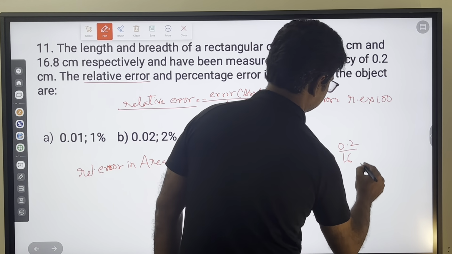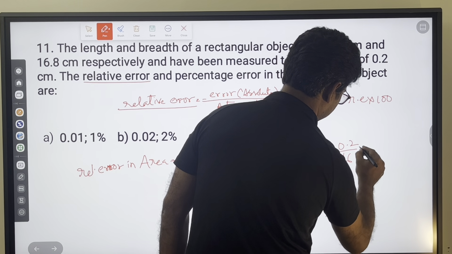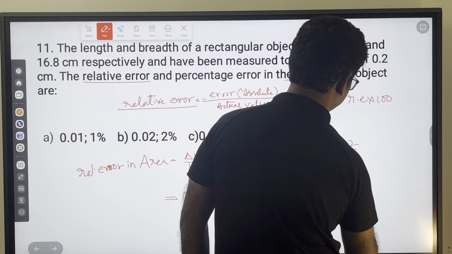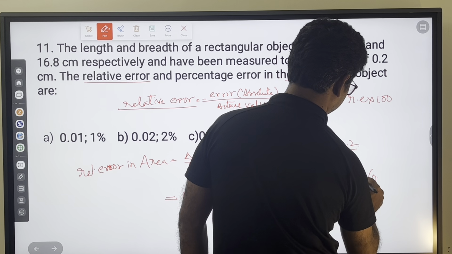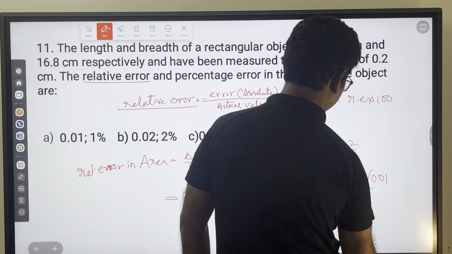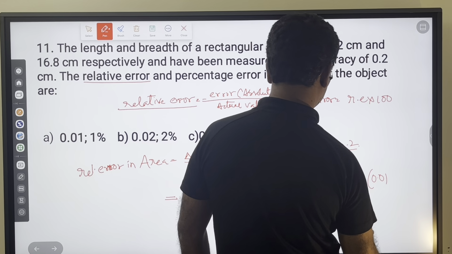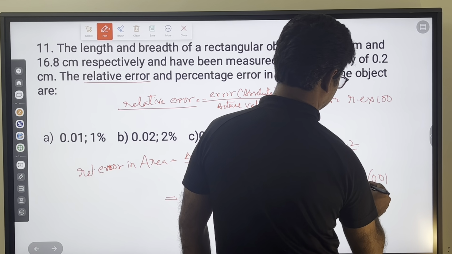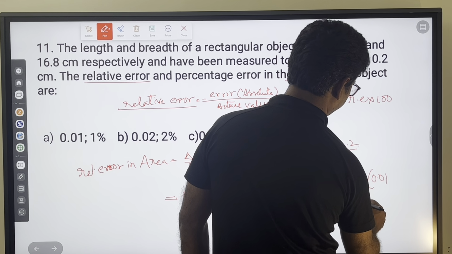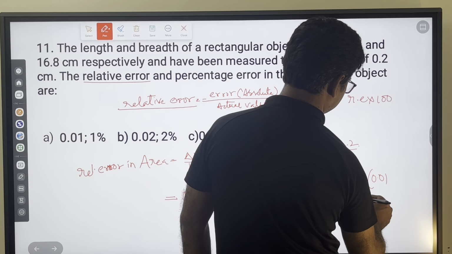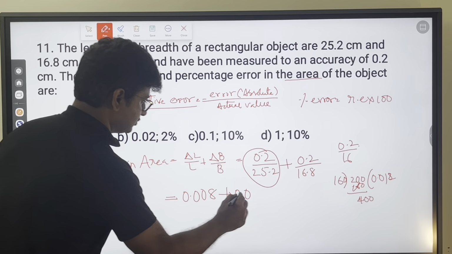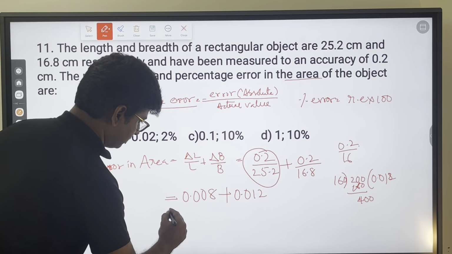So what I get is, if I take 16, the closest value I'm getting is 0.012.